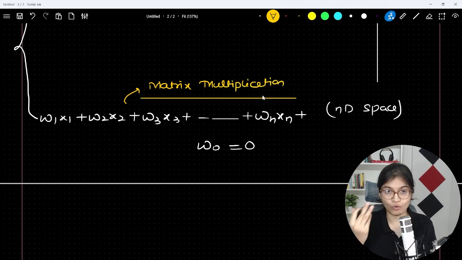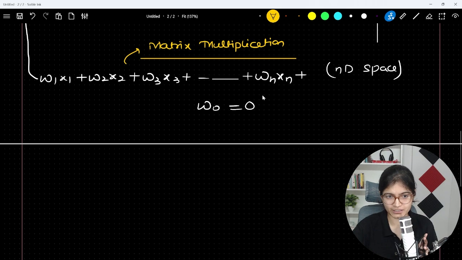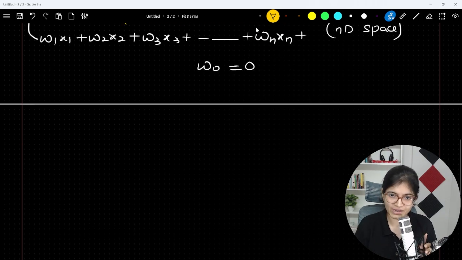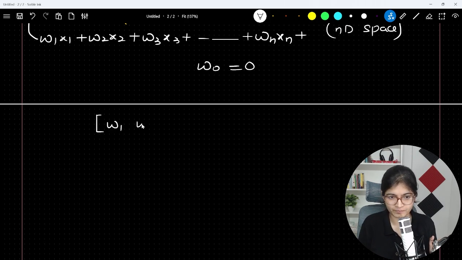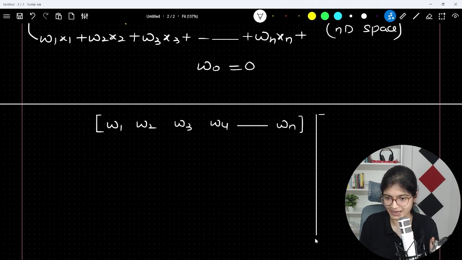So can I say, I hope you all know how we do a matrix multiplication, right? If I create a vector where I have the points w1, w2, w3, w4 till the value of wn, and another vector column-wise, let's suppose the values are x1, x2, x3 till the value of xn.